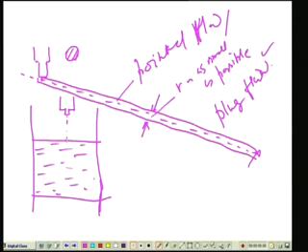This is through which the water is flowing. So you can have a level of water here, and we are collecting the water at this point here.